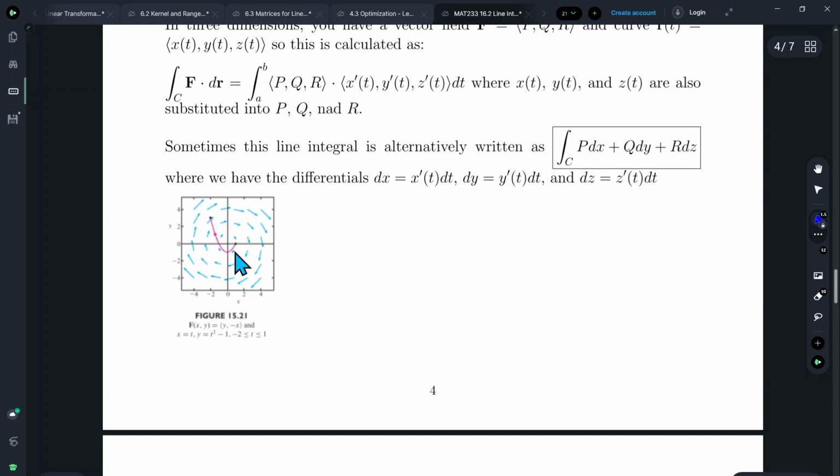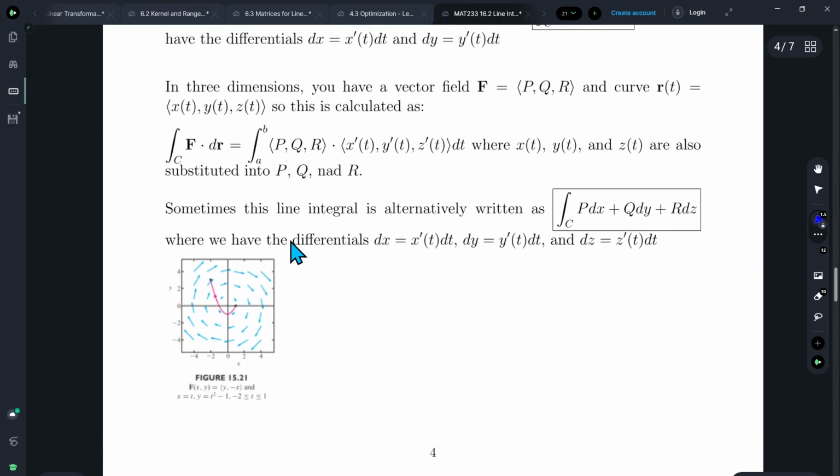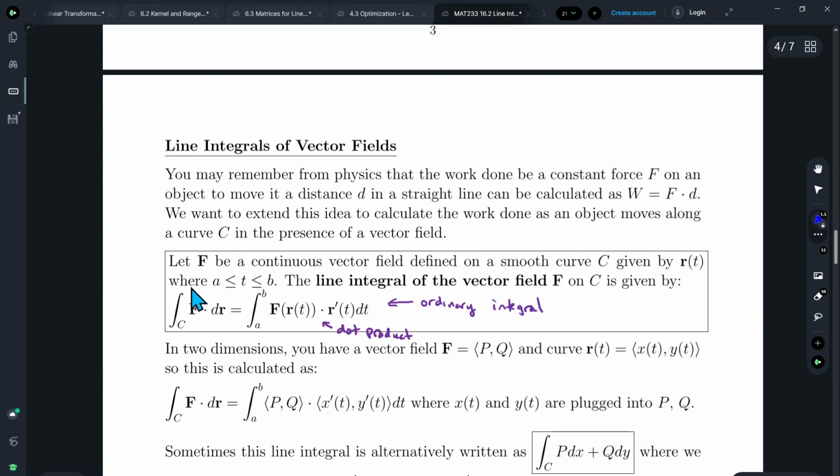In the instance where the vector is parallel to the direction of travel, it contributes a lot to the work. However, if it's perpendicular to the direction of travel, then it doesn't contribute anything to the work, because the dot product is zero when two vectors are perpendicular. That's the idea that we're trying to calculate with this kind of line integral.